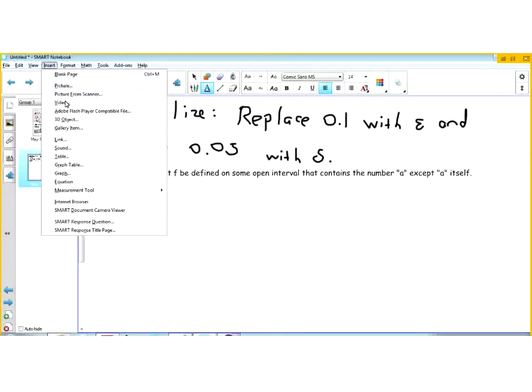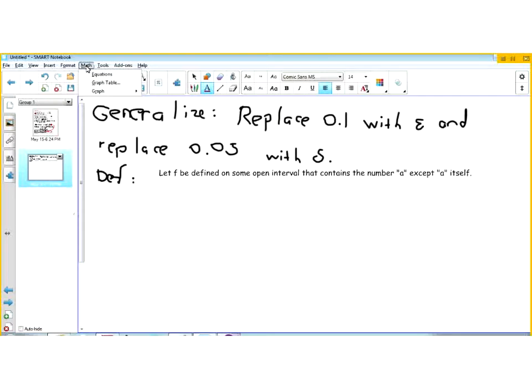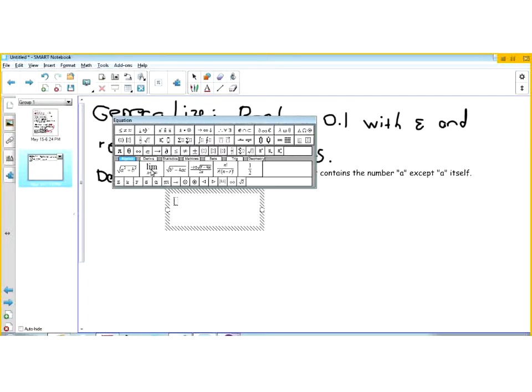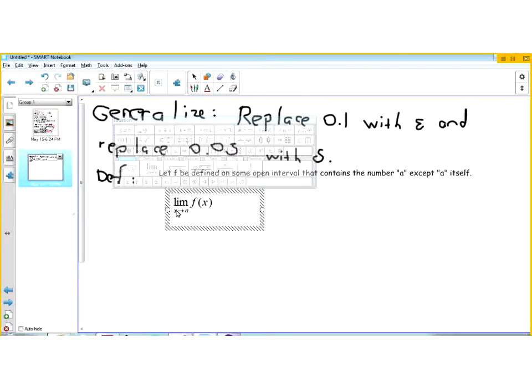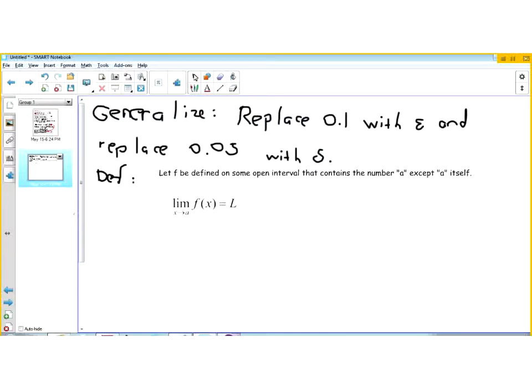Okay, what happens then is we get this result. The limit as x approaches a of f of x is equal to L. Okay, we have this limit.